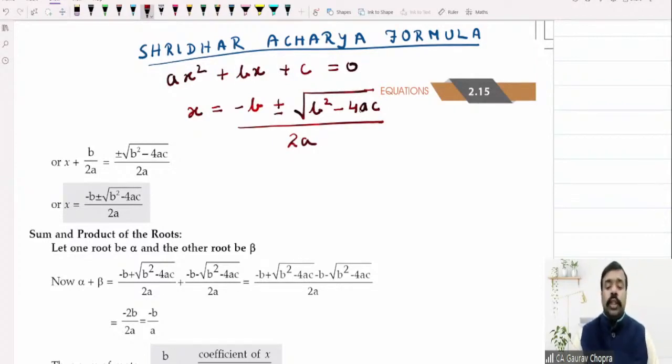This is the formula given by Sridhar Acharya, to solve the quadratic equation.